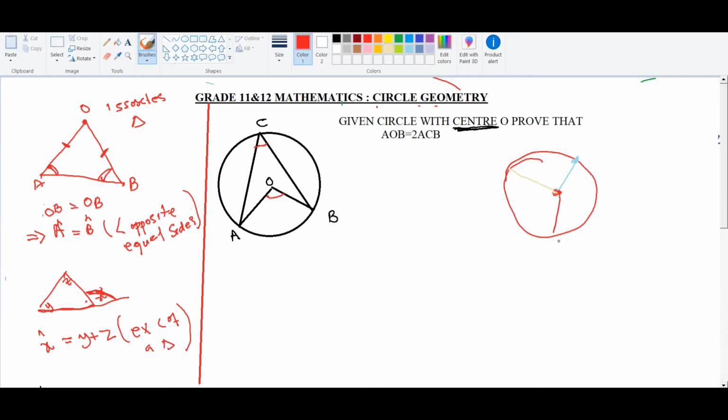All these lines are equal because they are all radii. The plural of radius is radii. So if you have more than one radius, you call them radii. That's all for you to know before we attend to the proof.